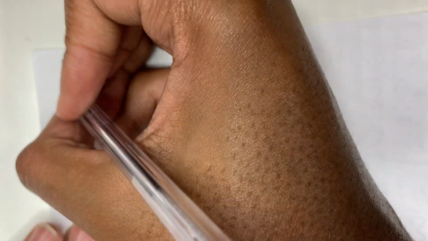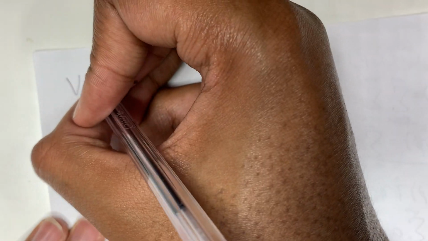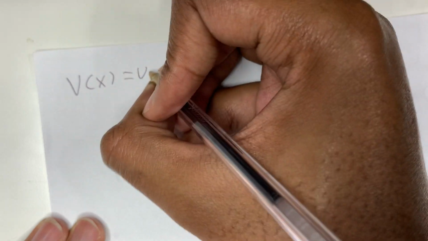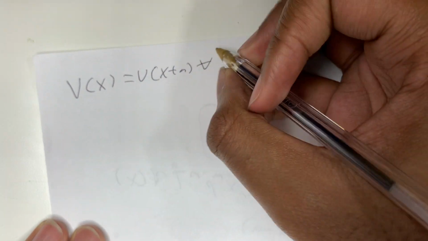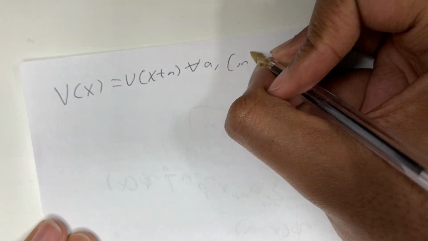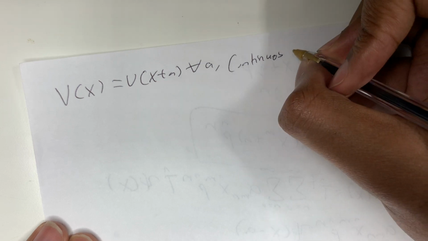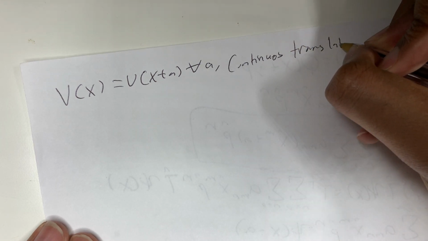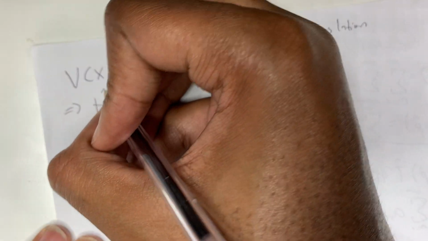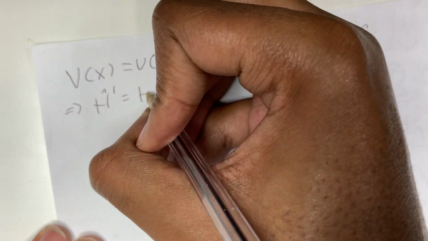Ran out of paper, so ignore this person over here. So we have just shown that if v of x equals v of x plus a for all a, that's a continuous translation, and this implies that the Hamiltonian translated equals the Hamiltonian.